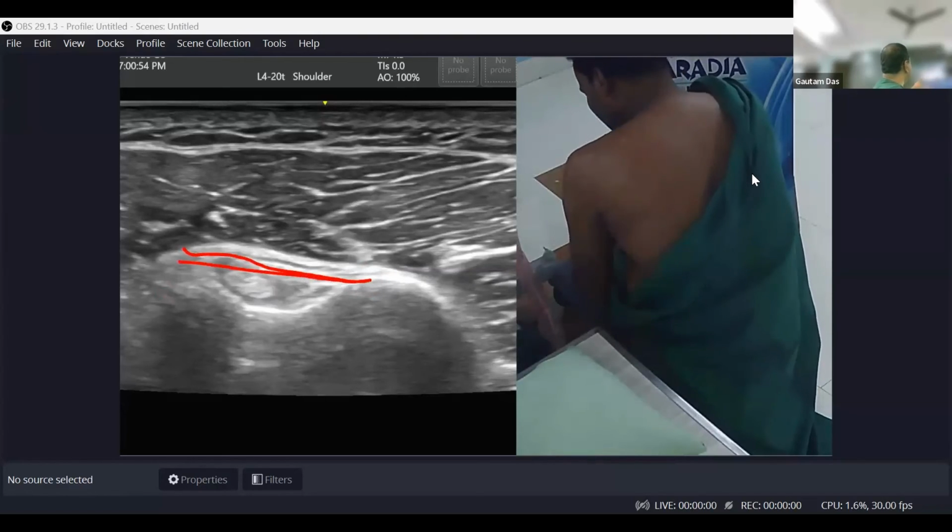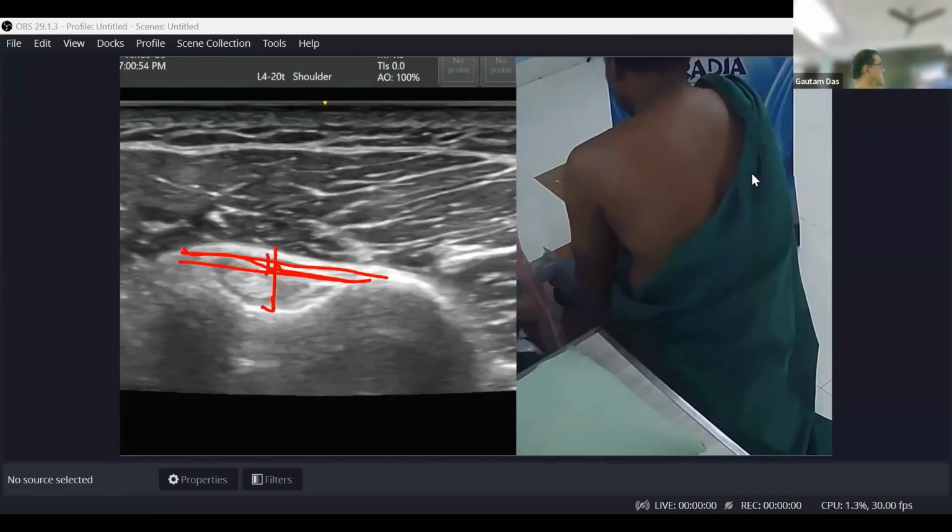Another thing to remember: if you draw a line here and measure the depth from here to here, this depth should be less than 3 millimeters. If it is more than 3 millimeters, there is more chance of subluxation of the bicipital tendon.